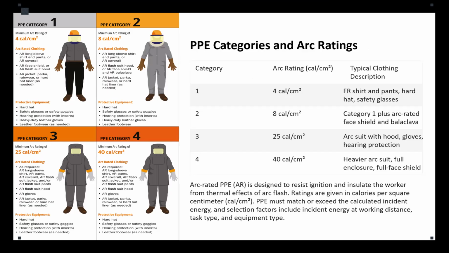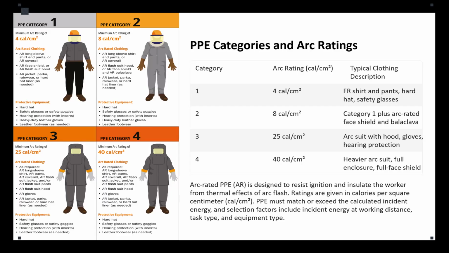Category 1 is when the arc rating is a minimum of 4 calories per square centimeter. Typical clothing is arc rated long sleeve shirt and pants. It also includes safety glasses and hard hats with arc rated face shield or goggles.